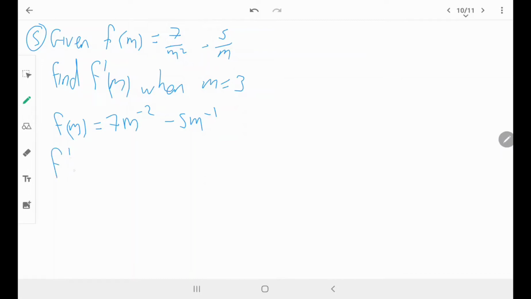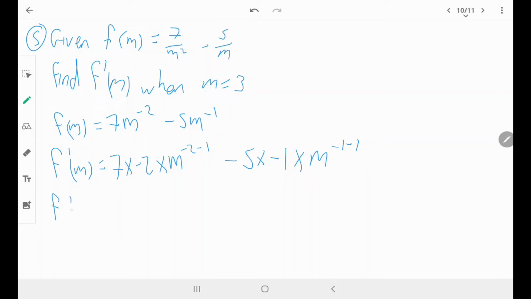We then differentiate it. F dash of m is 7 times minus 2 times m to the minus 2 minus 1, minus 5 times minus 1 times m to the minus 1 minus 1.